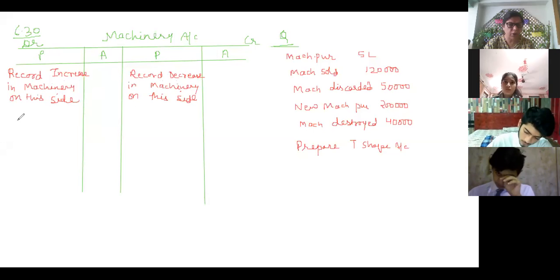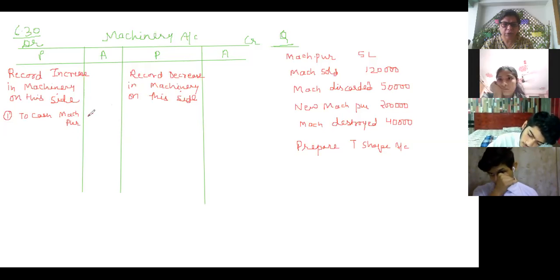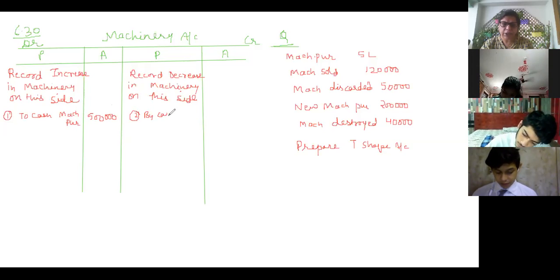So first of all, machinery purchase. The first transaction, you will write 'To cash, machine purchase', and that will be for 5 lakh. Then the second transaction, 'By cash, machine sold' 1,20,000. Then the third transaction, 'By machine discarded' 50,000.